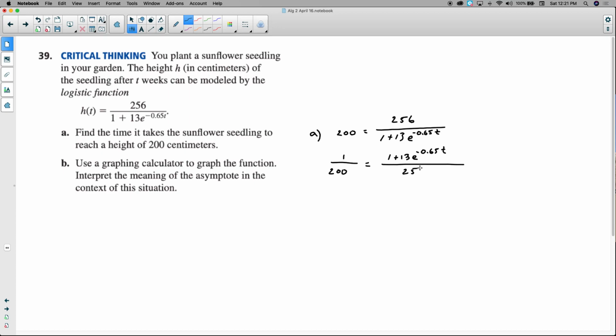So that makes me feel a little better. My t is up on top. I can get rid of the 256 by multiplying each side by 256. So everything seems to be going smoothly so far. Okay, so unraveling this, the next thing I would do would be to subtract 1.